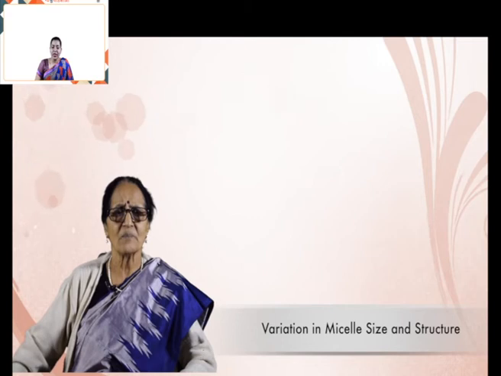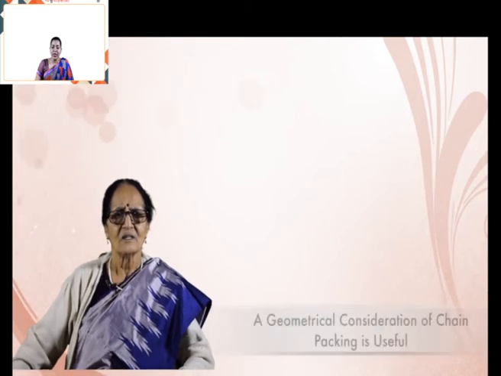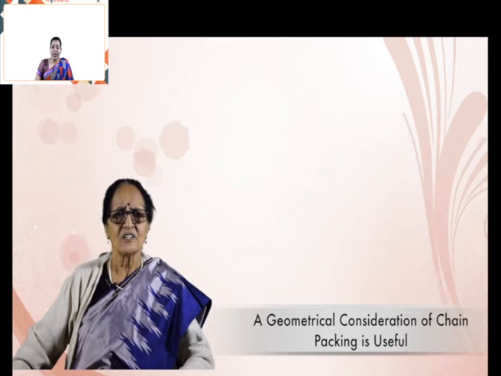Let us take an example. The aggregation number of SDS micelles is 60 to 70. The probability of aggregation numbers deviating markedly from the average is very small. Let us now see a geometrical consideration of chain packing, which is very useful.